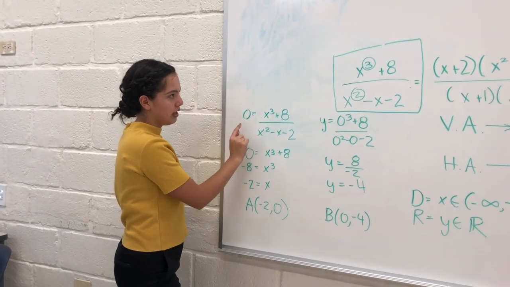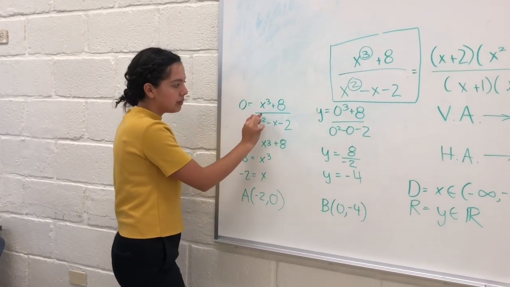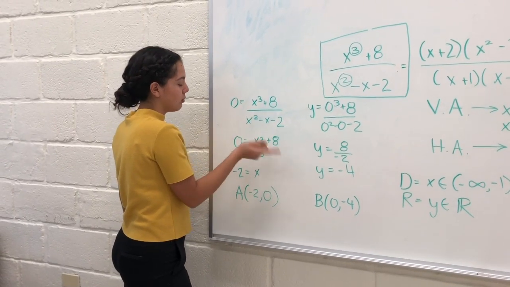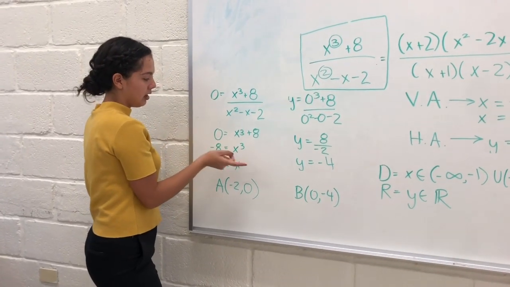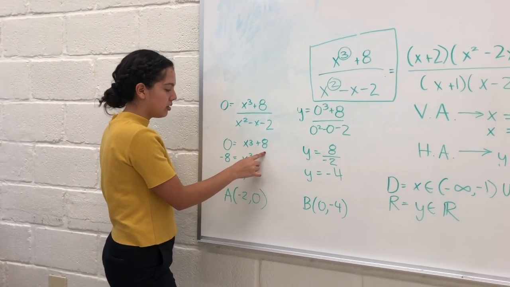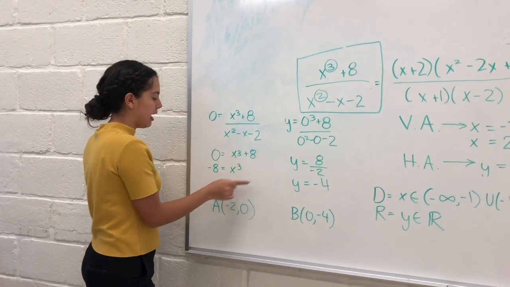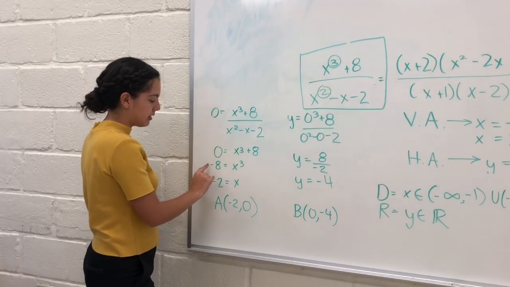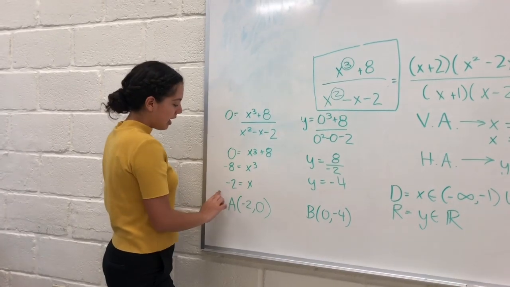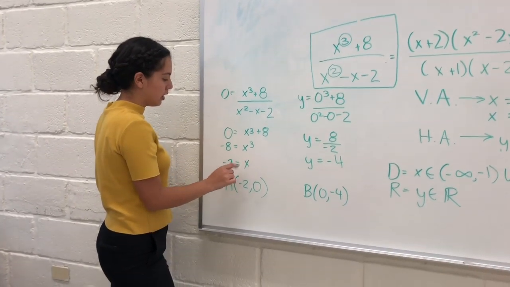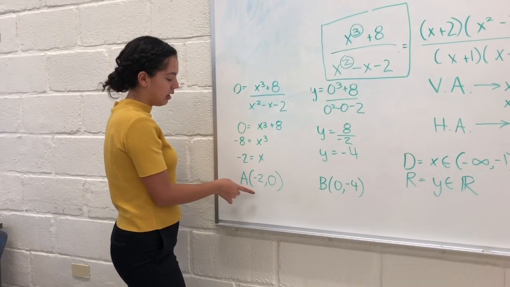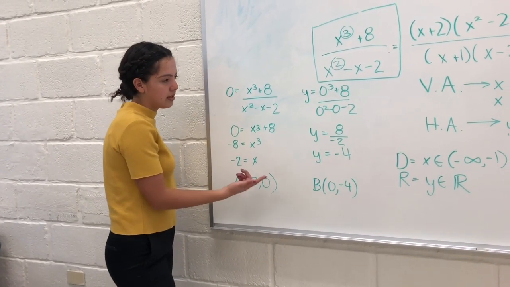So we put the original equation and multiply it by 0. Now we have x to the power of 3 plus 8. We take 8 to the other side, and now it's minus 8 equals x to the power of 3. And now we have minus 2 equals x. That leaves us with the intersection being (-2, 0).